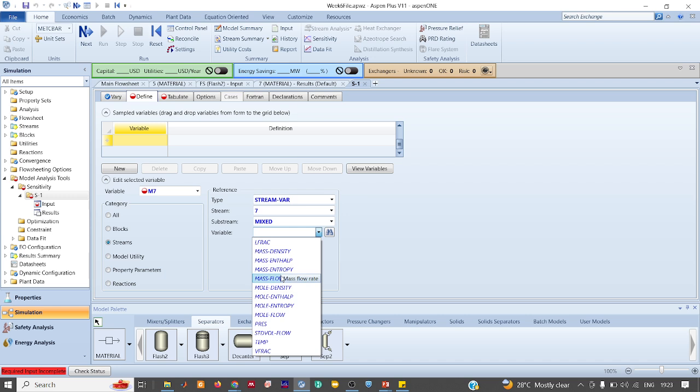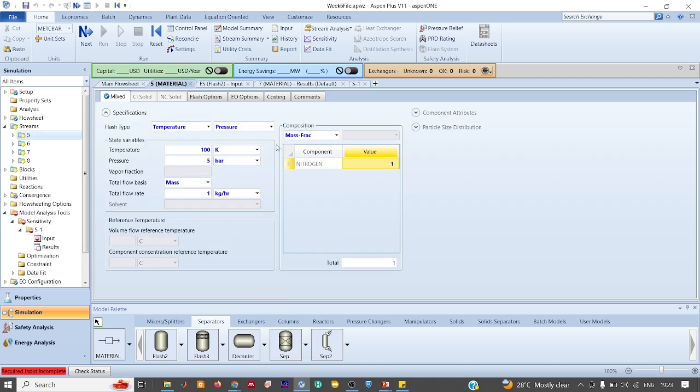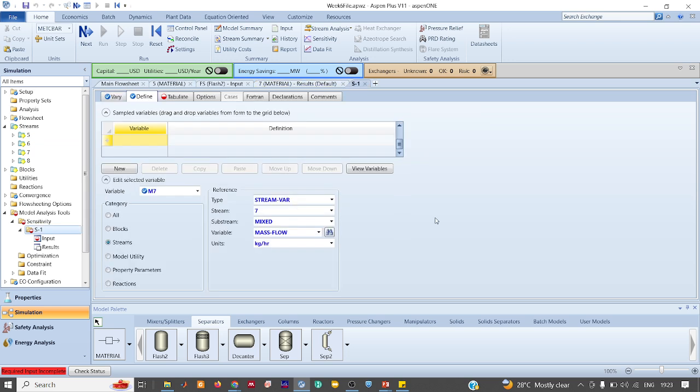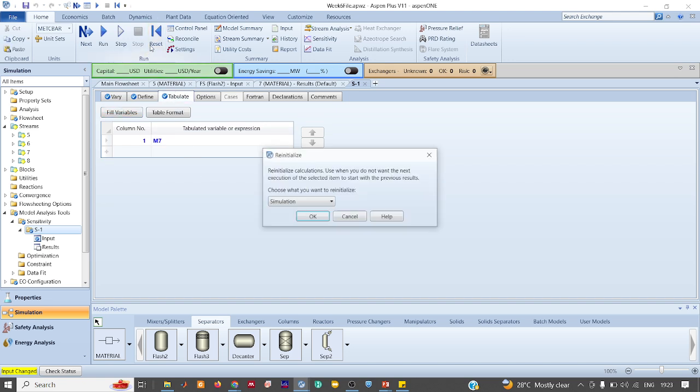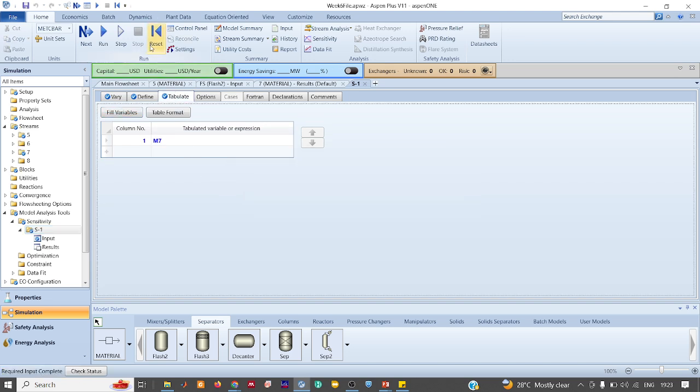This is mass flow rate, right? Check the units. This is kg per hour, so we'll give it as kg per hour. What do we table it? Fill variables, that's all. So after giving, just reinitialize this, save your file, and then run it.